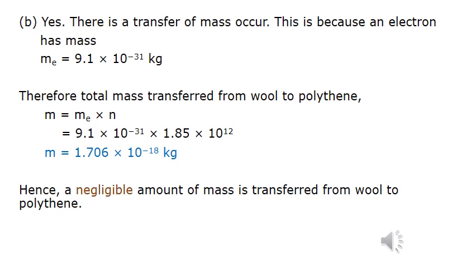To find out the total mass transferred, we have to multiply the mass of a single electron by the total number of electrons transferred. By calculating, we get the value m is equal to 1.706 into 10 to the power minus 18 kilogram, and this is the required result.